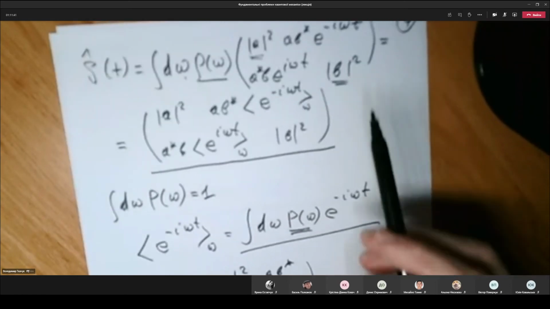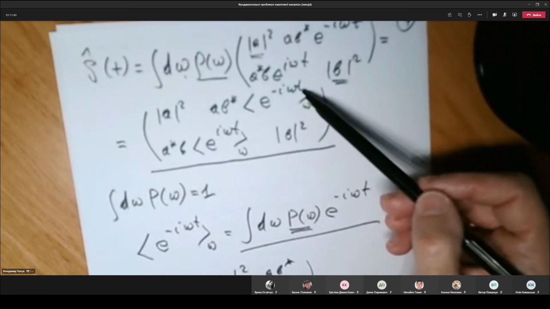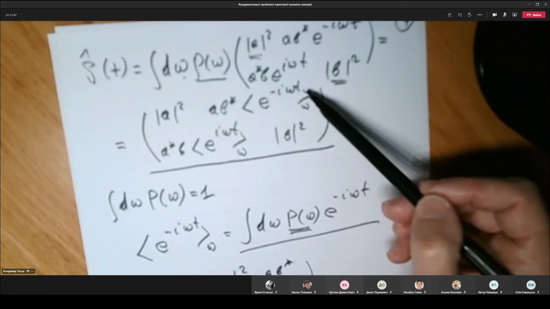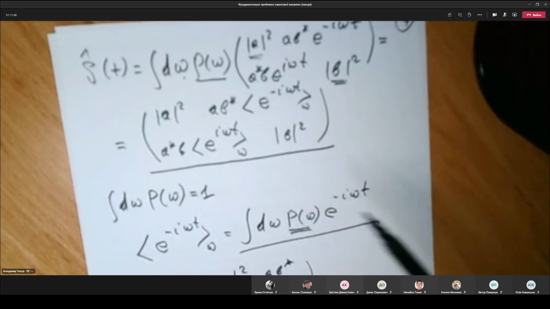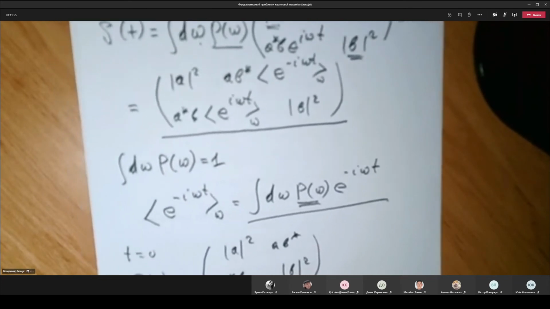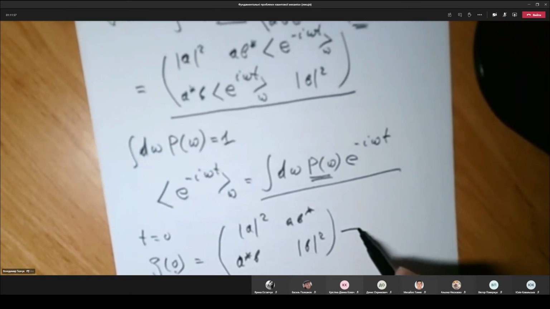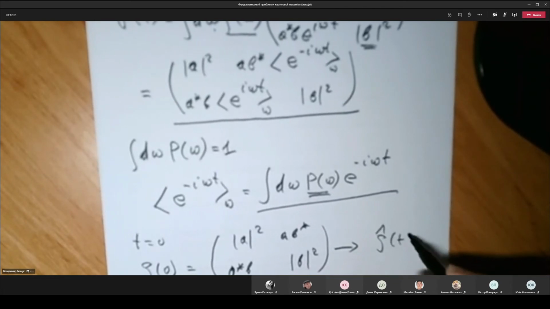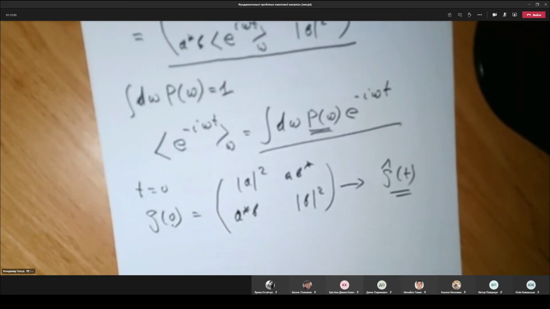You can verify that when you put here t equal to 0, you obtain 1, and the mean value of 1 is 1. So it exactly corresponds to the initial quantum state, as it must be. But as the result of evolution, we obtain the density matrix rho as a function of t.